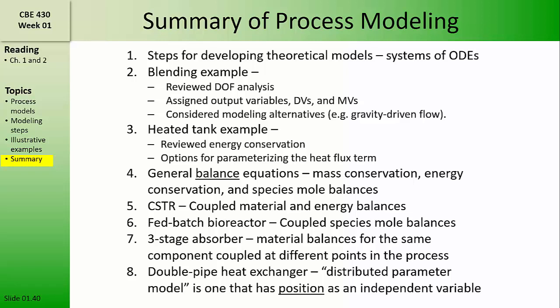The reason that they're reviewed here is to solidify these methods, provide you with some common notation that we will use throughout the semester, and to emphasize that these theoretical models are very important, and that we'll use these types of theoretical models when designing control systems for the rest of the semester.